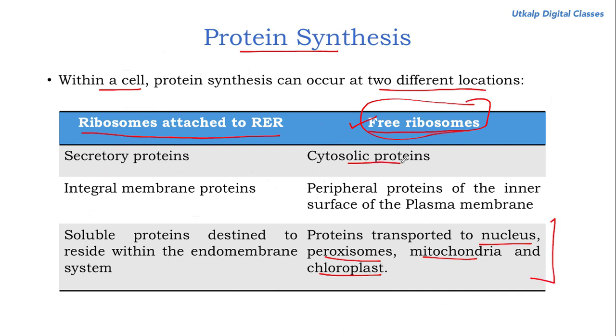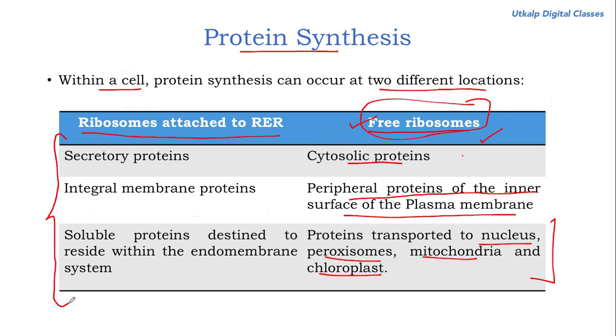So all the cytosolic proteins, the proteins which have to remain in the cytosol, all the peripheral proteins of the inner surface of the plasma membrane, and all the proteins of the nucleus, peroxisomes, mitochondria and chloroplast are synthesized on the free ribosomes.